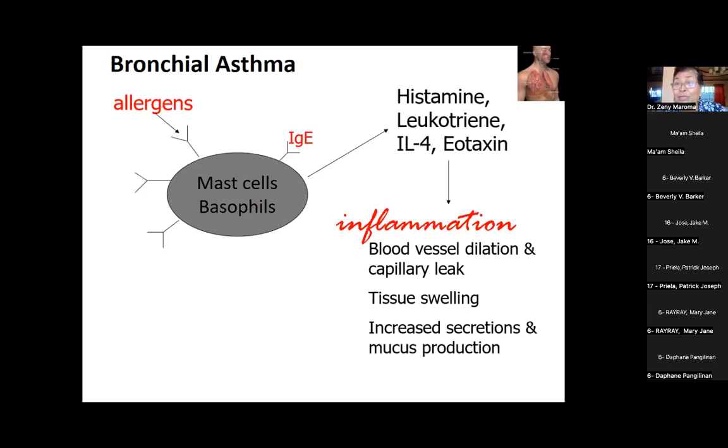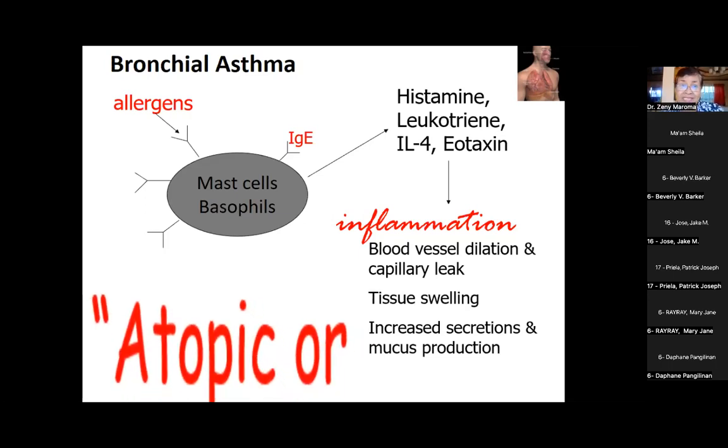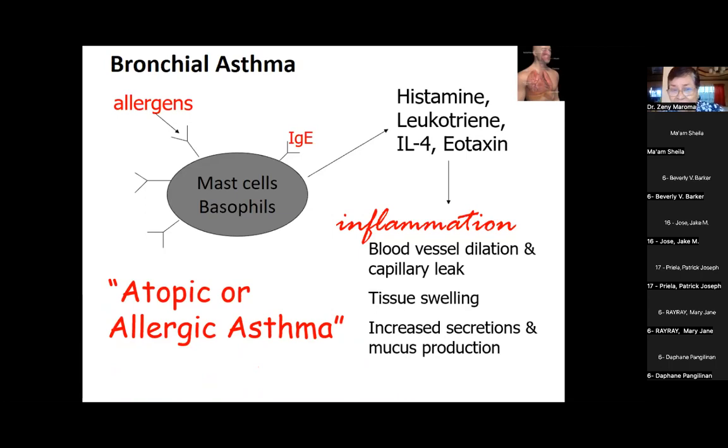Now, there's tissue injury. Okay? And leukotriene, basically, or primarily, is the one which causes bronchospasm. Okay? So, if the cause is secondary to allergen, we call it atopic or allergic asthma. Okay?